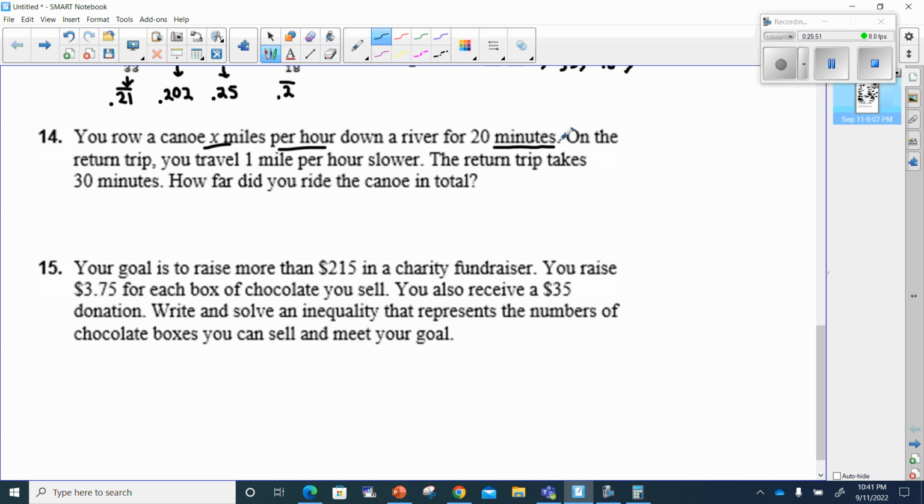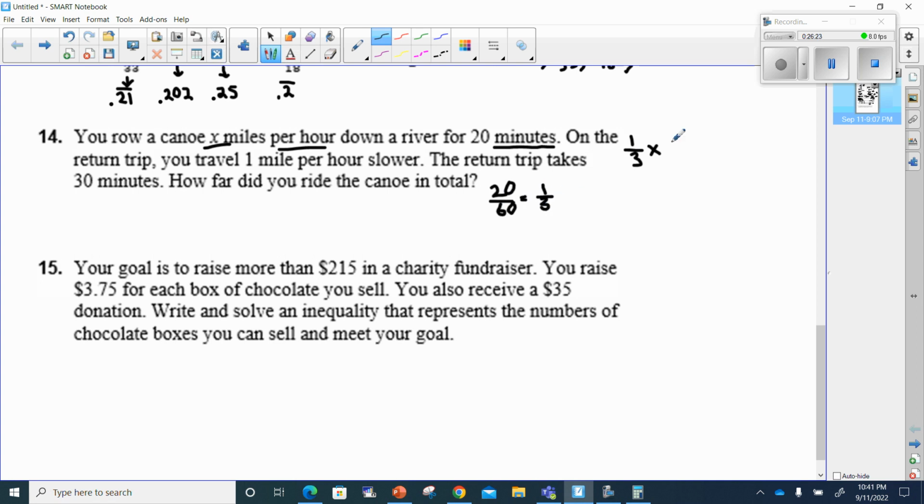You would put 20 minutes is 1/3 of an hour. So this would be 1/3 x. If you wanted to write it as a decimal, think about 20 minutes out of 60 minutes. This is going to equal 1/3.